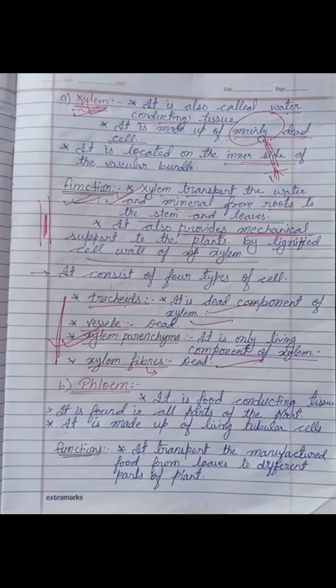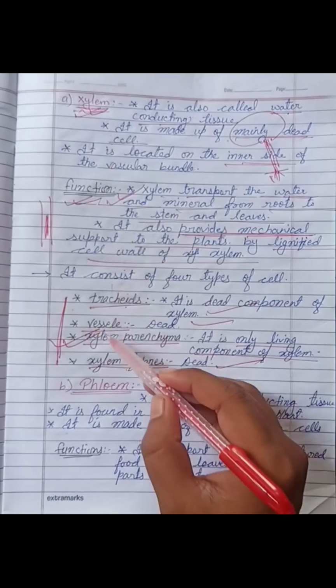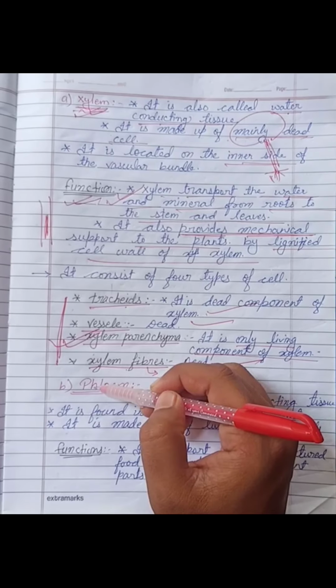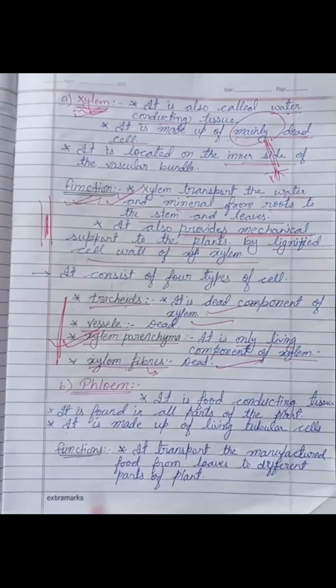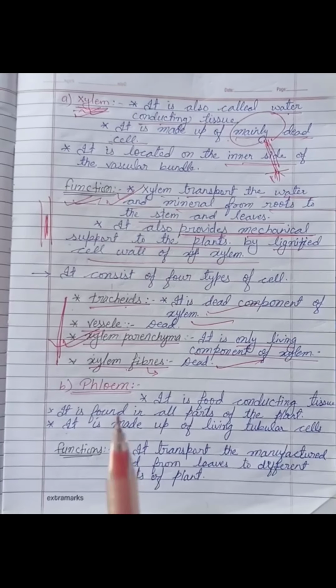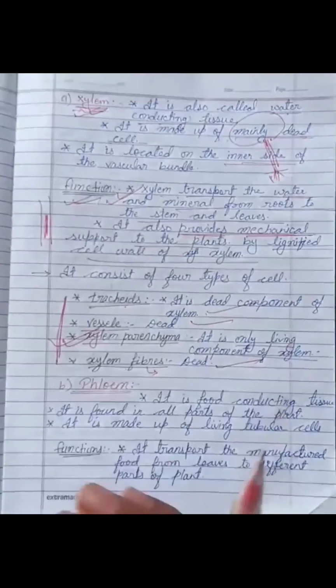Now one more time, you have to understand that this is the xylem, and here are the types of xylem. The xylem is the water conducting tissue, applicable for the transportation of water.